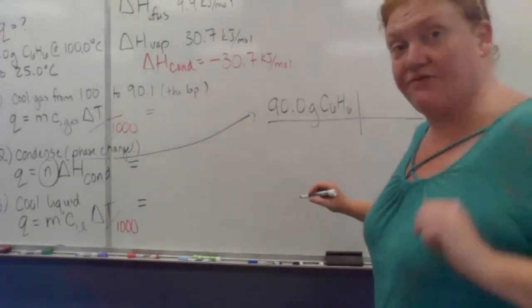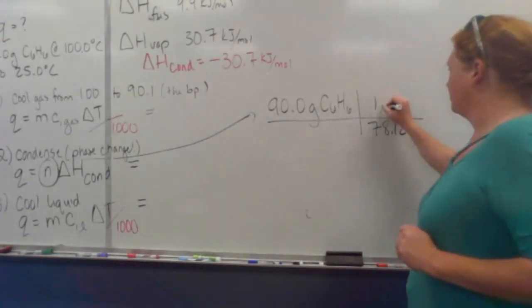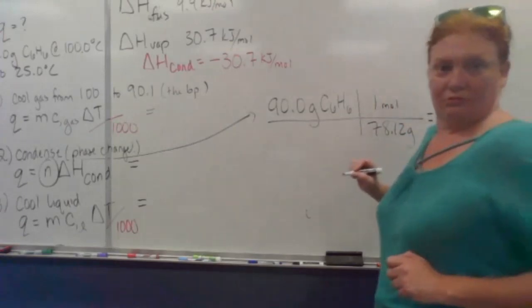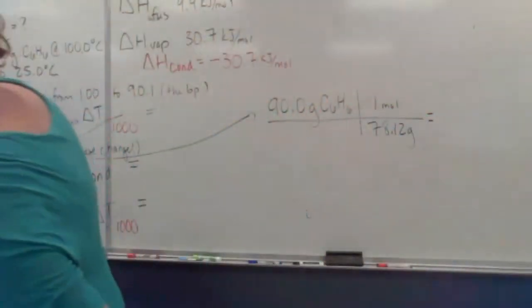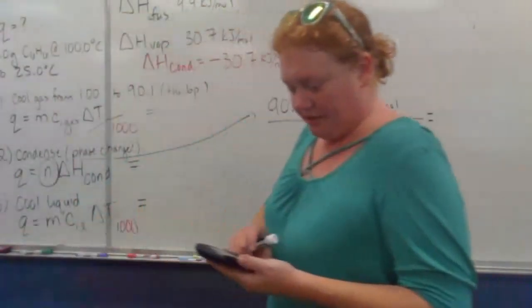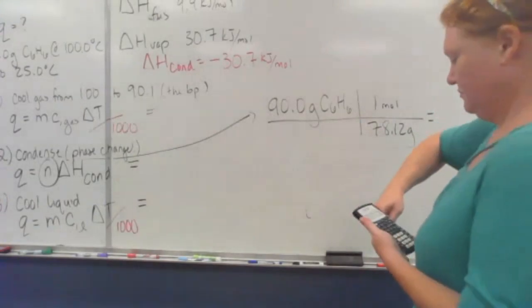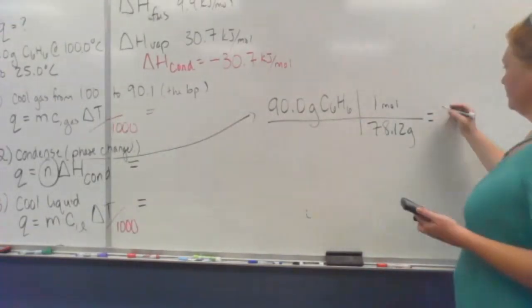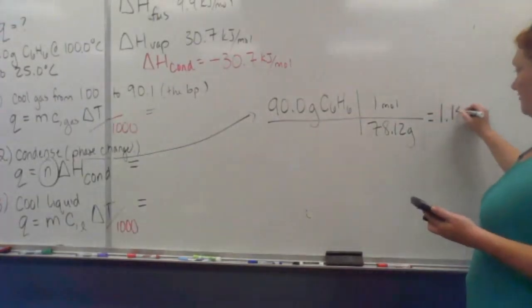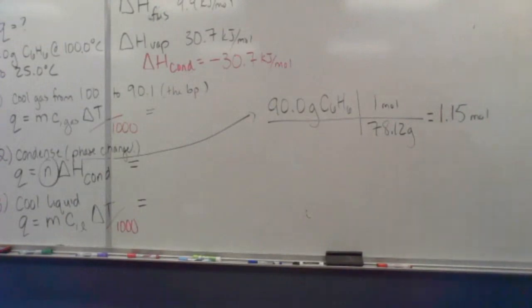That is, divide 90 by 78.12. I didn't calculate it separately, but hang on, let me see. That's 1.15 moles of benzene.